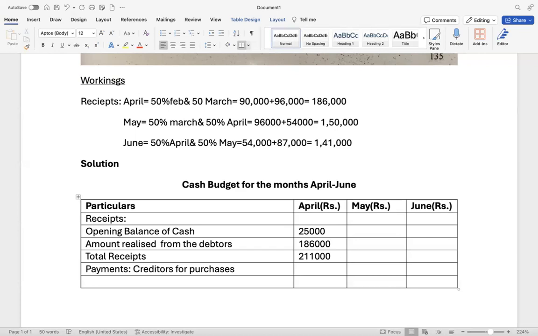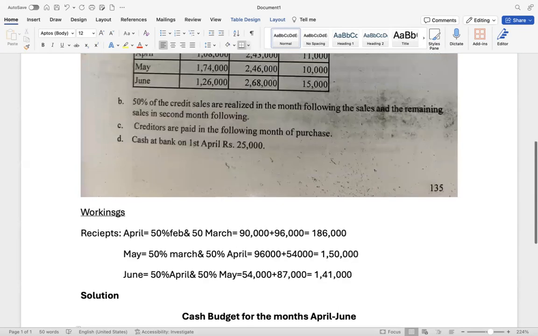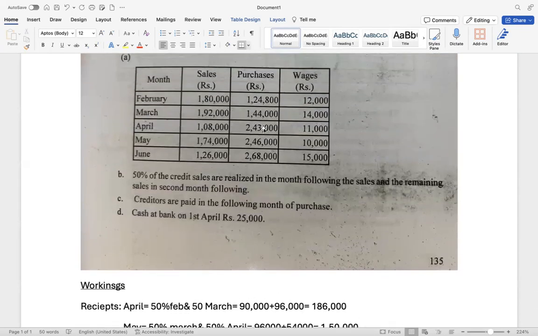Look at this. There are no hints given for wages, only for purchases. In the month of April, the wages are 11,000.